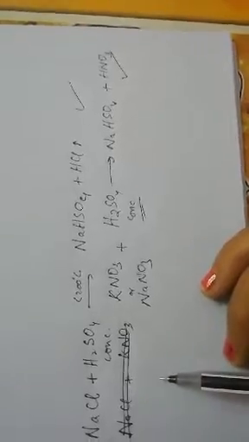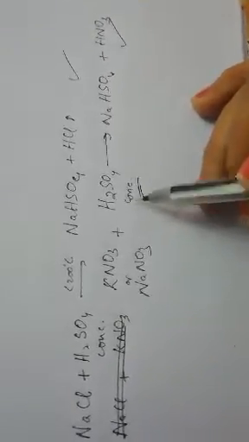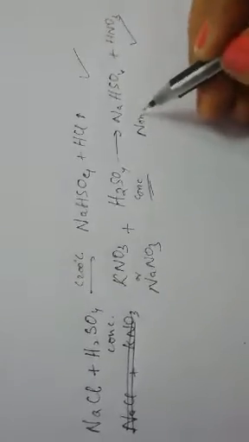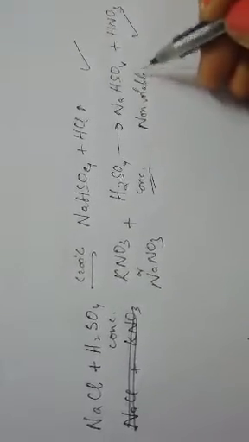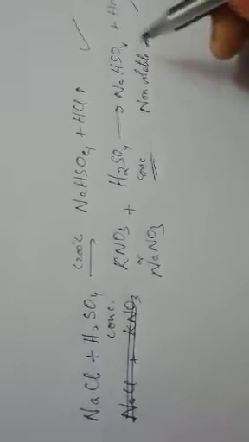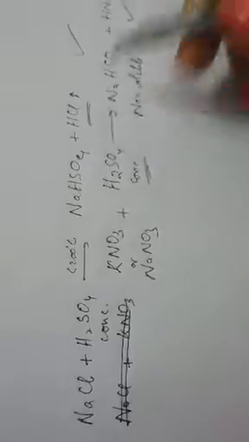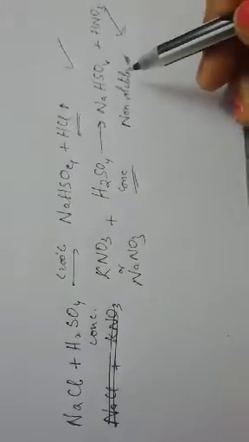Now in the preparation of these 2 acids, you require concentrated sulfuric acid, and here the property exhibited by sulfuric acid is its non-volatile nature or least volatile nature. Now because it is non-volatile, it is used to prepare more volatile acids like HCl and HNO3.